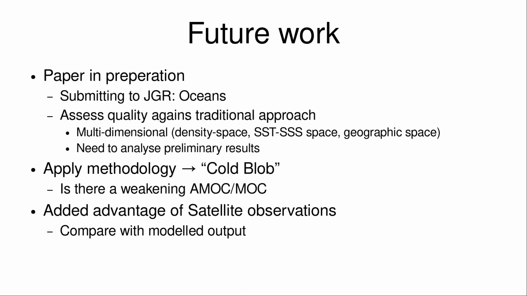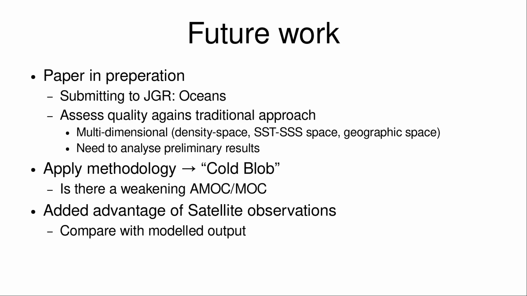The future work would be that we are already preparing a paper, but we need to analyze and assess the quality of our approach against the traditional approach, as well as then applying this methodology to summarize and to understand certain areas, especially areas of meridional overturning circulation, which have been shown to be areas which could see a weakening of this circulation.